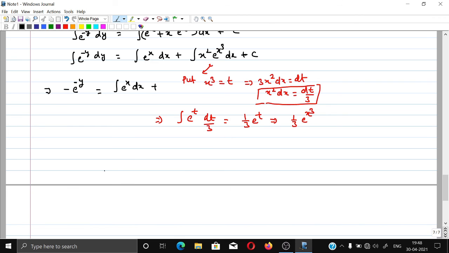So basically what we will get is minus e^(-y) = e^x + e^(x^3)/3 + c.